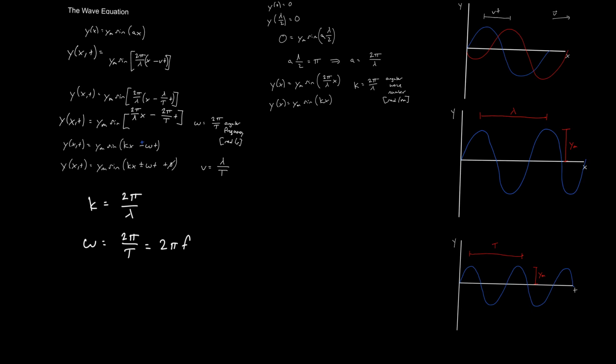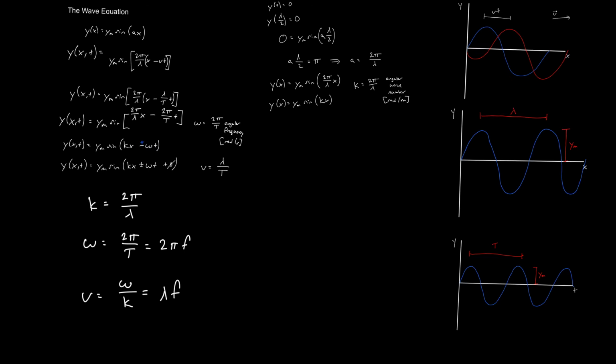And we can also rewrite the speed of the wave as the angular frequency divided by the angular wave number, or the wavelength times the frequency. And both of these will give you units of meters per second. So that's the wave equation.